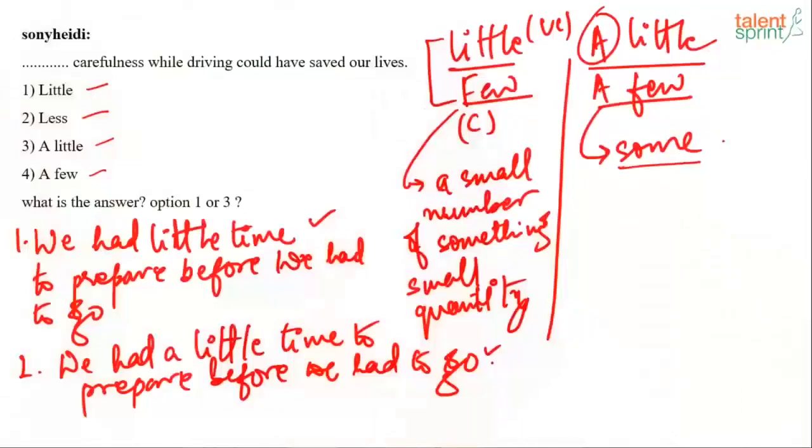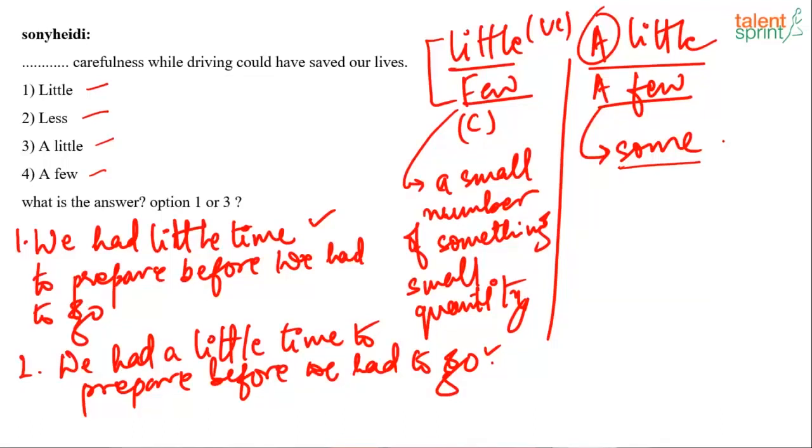Little is very little time, close to zero but not zero. A little time is yes, some time we did get. So it is looking at the brighter side of things. That is a little. So that is the difference between little and a little, and the same goes for the difference between few and a few. Okay, if this is clear.